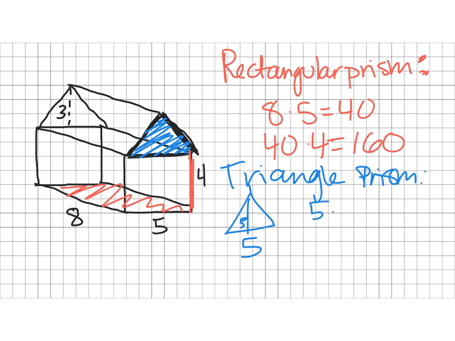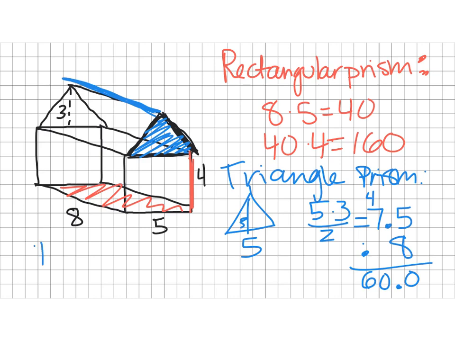So I would do 5 times 3 divided by 2, which gives me 7.5. And then I need to multiply that by the height. And now my height is the height of the whole prism, which is 8. So I need to do 7.5 times 8. And that gives me 60.